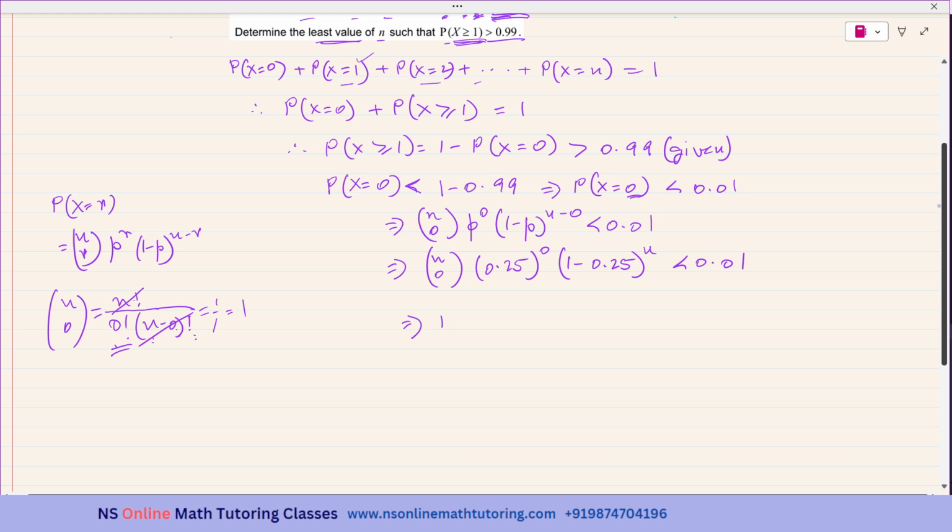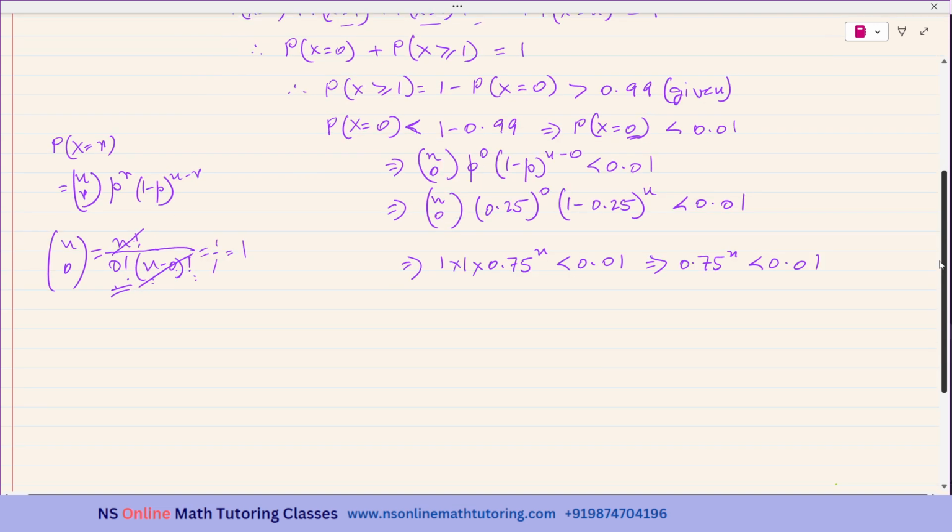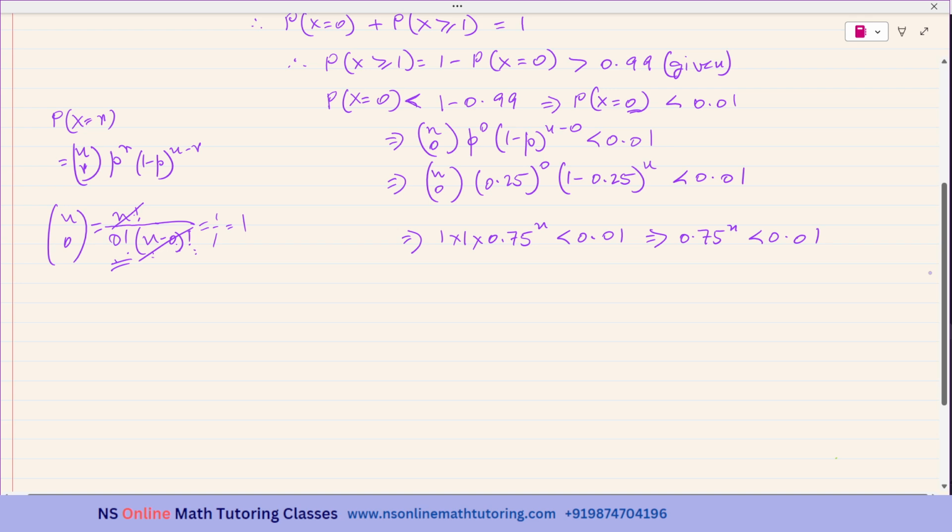And 0.25 raised to the power of 0 is also equal to 1. And 1 minus 0.25 is 0.75. So 0.75 raised to the power of n is less than 0.01. Now we have to take the log of both sides.